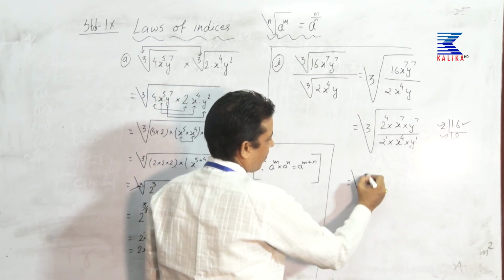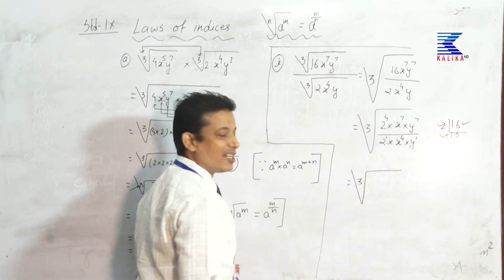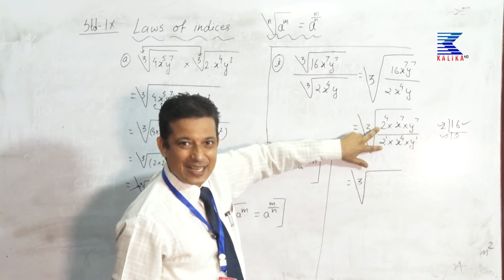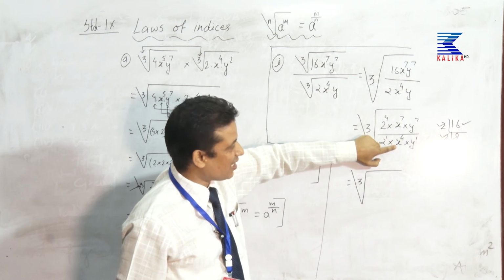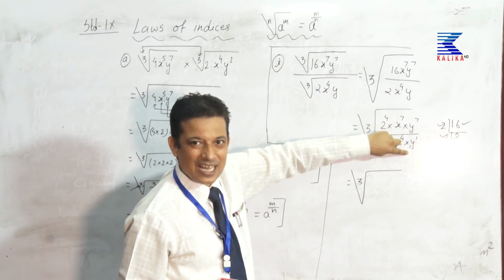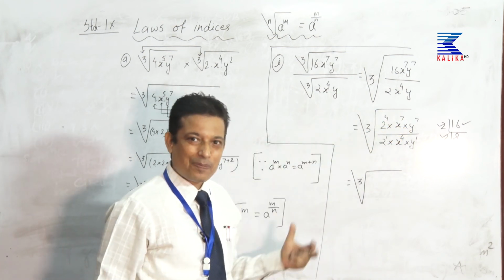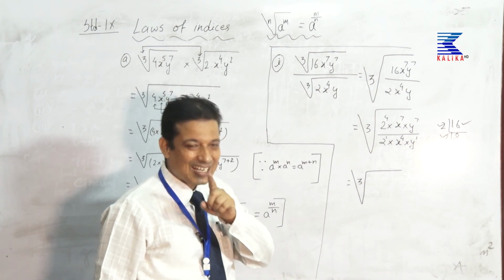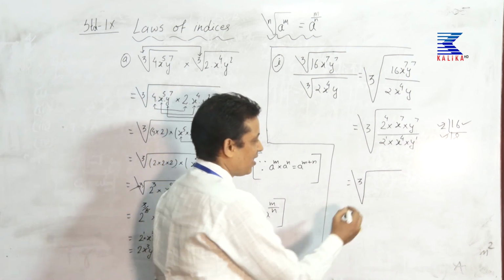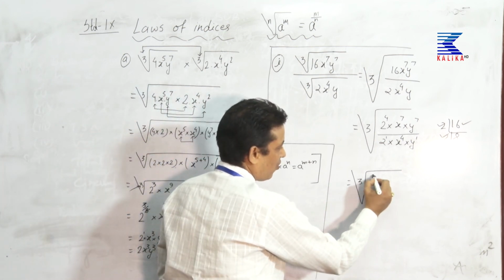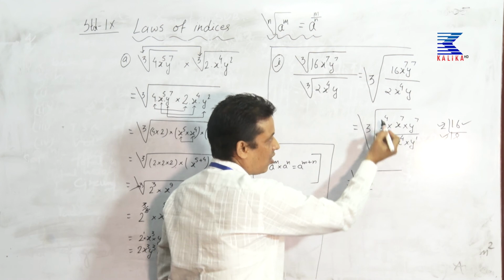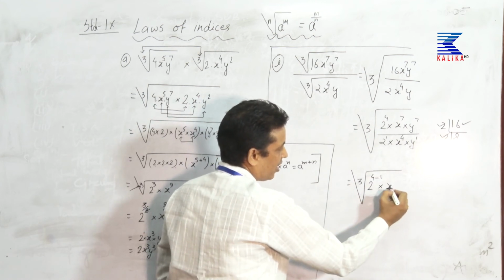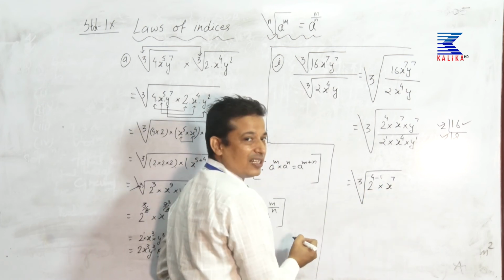Okay. Now, use the law of indices. 2 is here, 2 is here, bases are the same. X, X, bases are the same. Y, Y, bases are the same. Now, let us simplify the terms with the same base using the law of indices. So 2 to the power 4, this one goes up and it becomes minus 1, into x to the power 7 is already there.